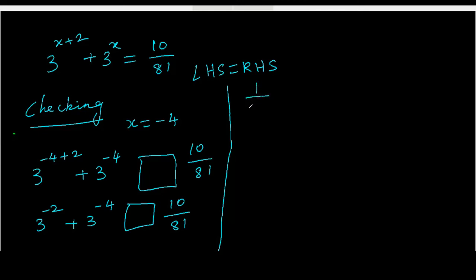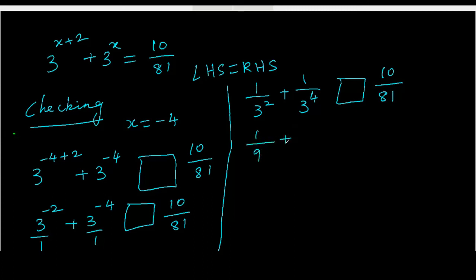Simply applying the negative exponent property, we will reciprocate it. Numerator becomes denominator, denominator becomes numerator. Because there is a 1 here, there is a 1 here too. That is how it became 1 over 3 squared. In the same manner, this one is 1 over 3 power 4. Now 3 squared is 9, and we already know that 3 power 4 is 81.